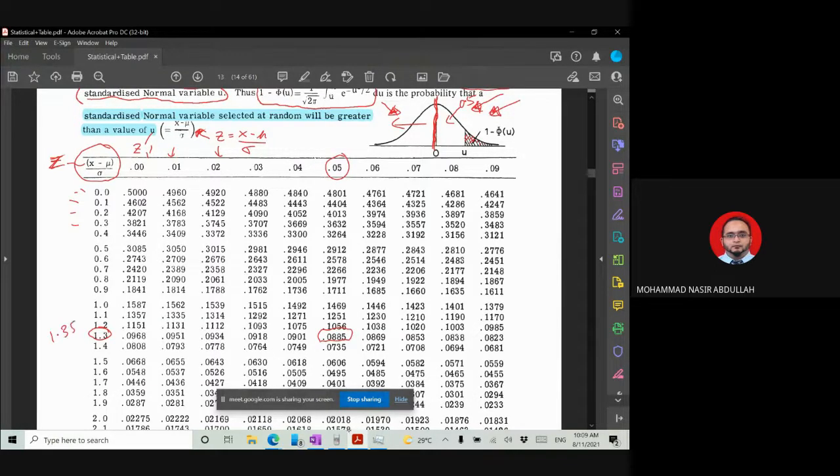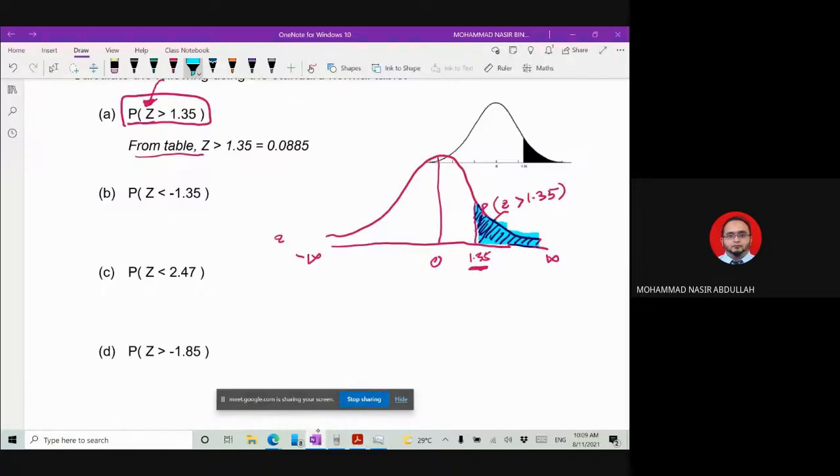1.35. Nampak tak? Sini, sini. Right? So the probability value will be 0.0885, right? So the probability here is 0.0885. So the area here is equal to 0.0885.